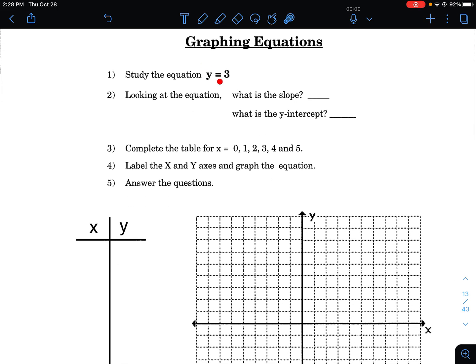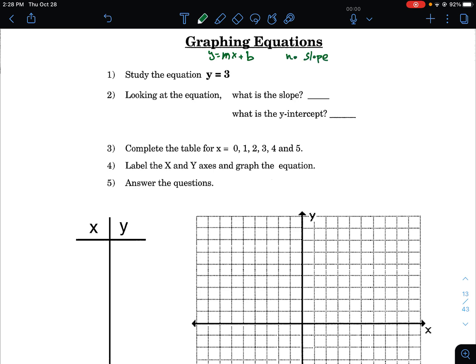We've got the equation y equals 3. Remember, the equation is y equals mx plus b. So is this 3 the slope? Is it the m or is it the b? Now remember, slope is always going to be multiplied by x. Is this 3 being multiplied by x? It's not. Therefore, it looks like we have no slope.